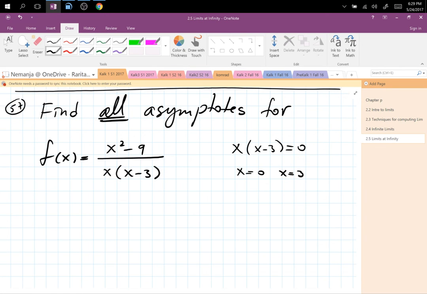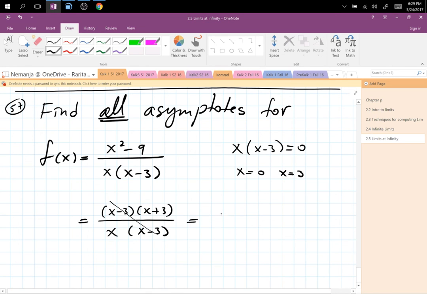Now, we know that x minus 3 will cancel. So if I go here and say x minus 3, x plus 3 over x minus 3, these cancel. All I'm left with is x plus 3 over x, which immediately means that x equals 0 is the vertical asymptote and x equals 3 is the open circle.